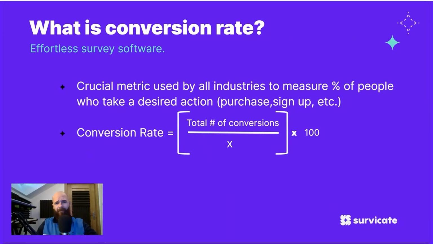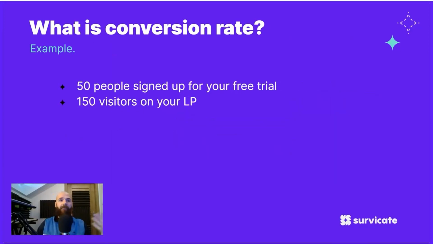And how we calculate this is by simply taking the total number of users who have completed an action and dividing it by X. And X in this case is whatever your measurement of traffic is. For this example, we're using website visitors, and then we multiply that by 100. As an example, let's pretend we're looking to see how many people sign up for our free trial on our landing page using our sign up form.